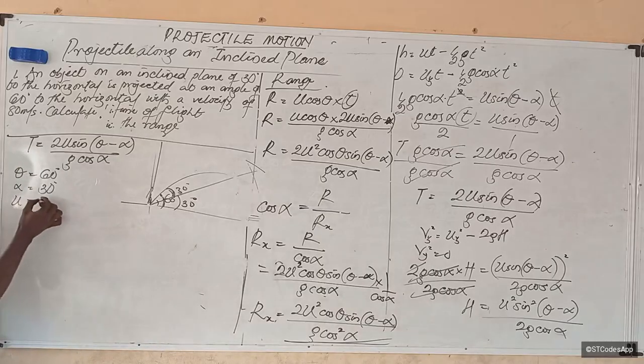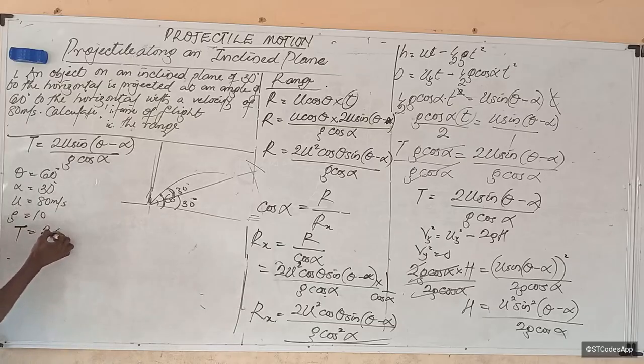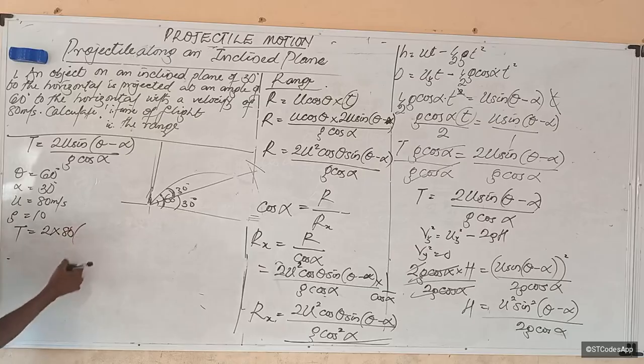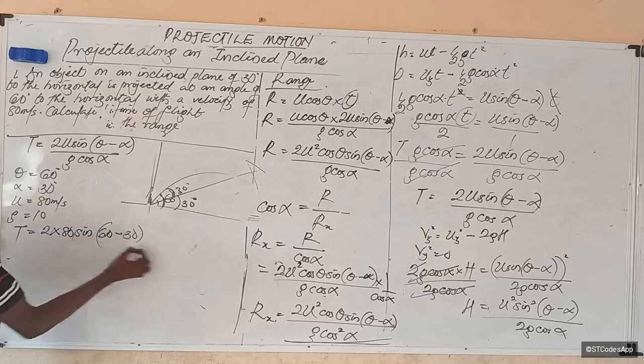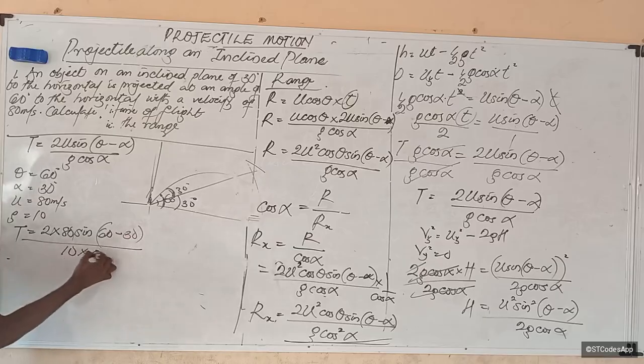U is now what? A velocity of 80 meters per second. G is 10. So we can go on to say that T is equal to 2 times 80 times sine of 60 minus alpha. What's alpha now? 30, over 10 times cos of 30.